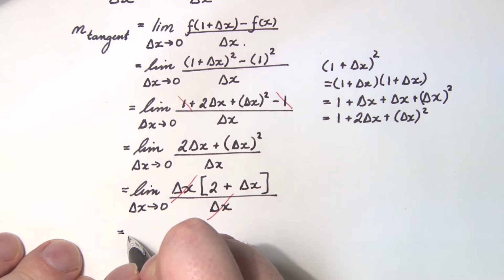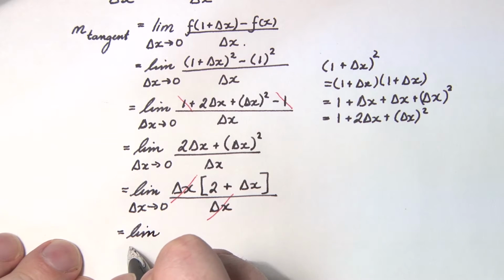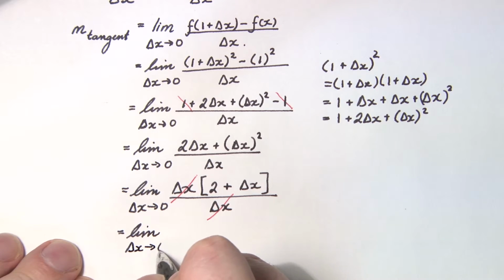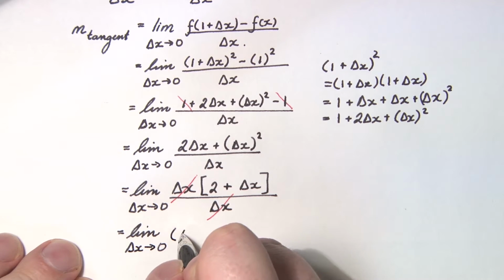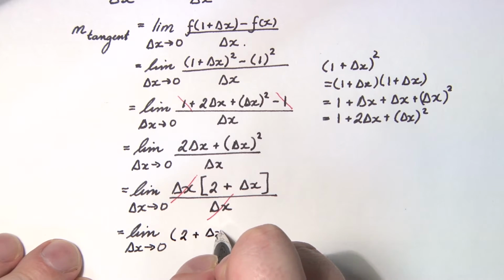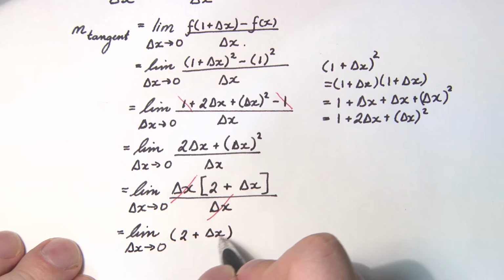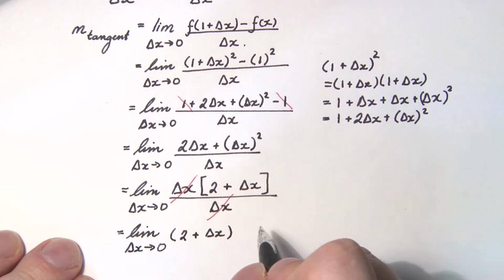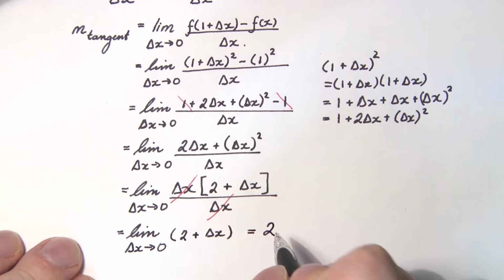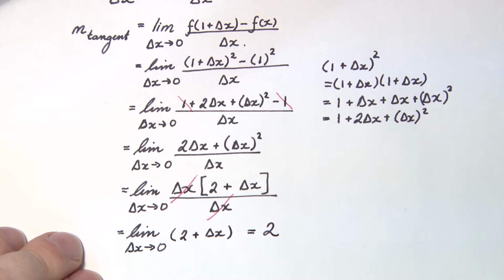So that I have the limit as delta x goes to 0 of 2 plus delta x. And now I can actually let delta x go to 0 so that the limit of this is just equal to 2. Okay.